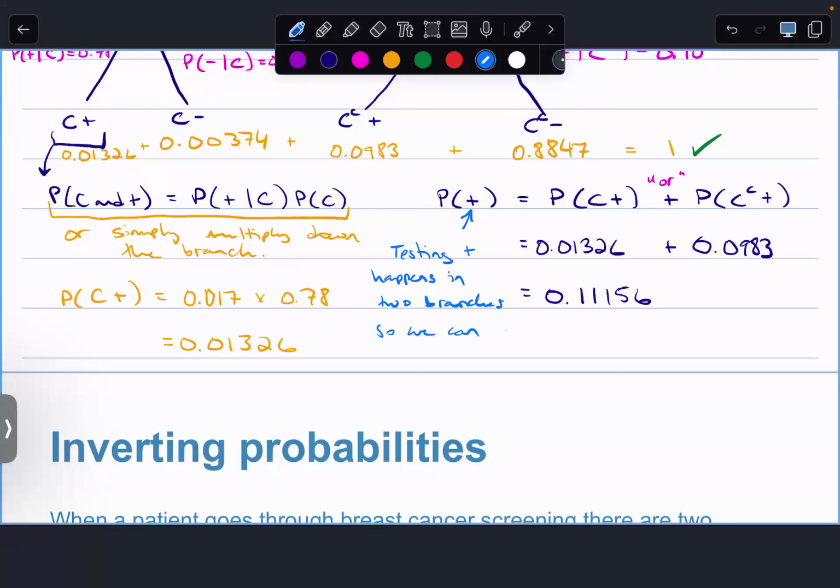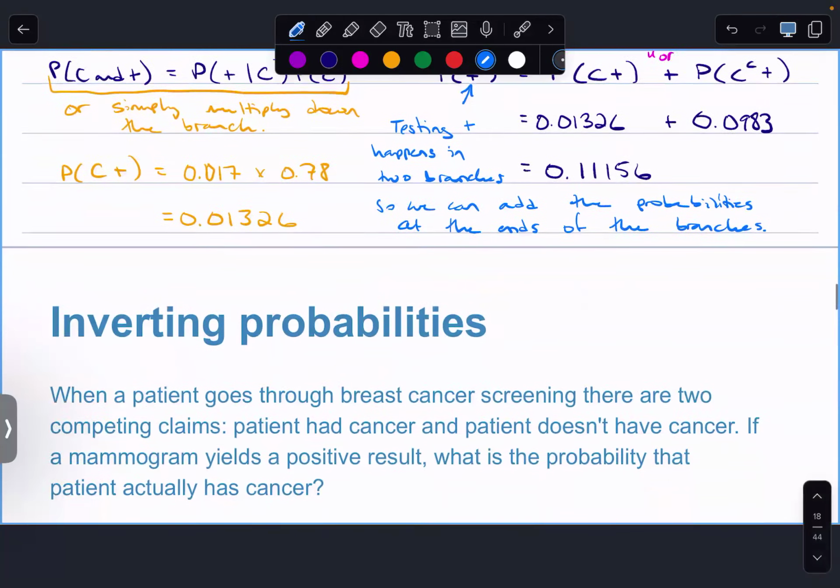So we can add the probabilities at the end of the branches. It is in the slides, but since I said it, I want to write it down. Okay.